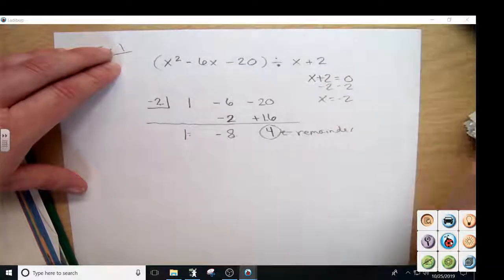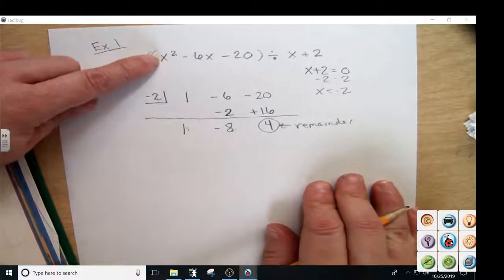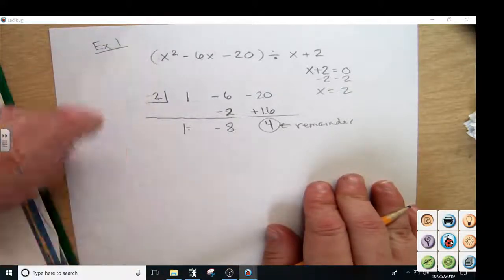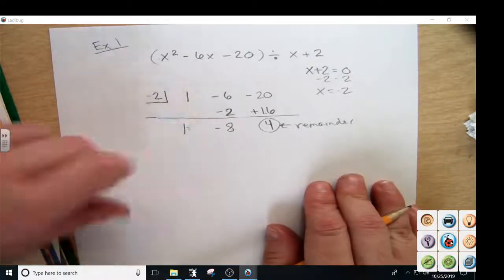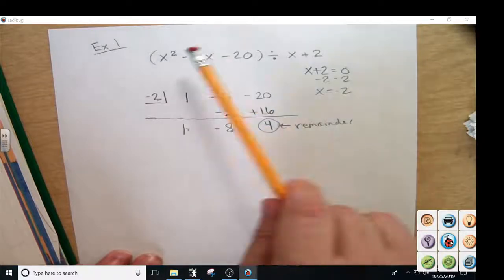Okay, y'all. So now let me show you how to write your answer. Now, this is an x squared, a quadratic polynomial. Anytime you have an answer, your answer is going to be 1 degree lower than your original polynomial here.